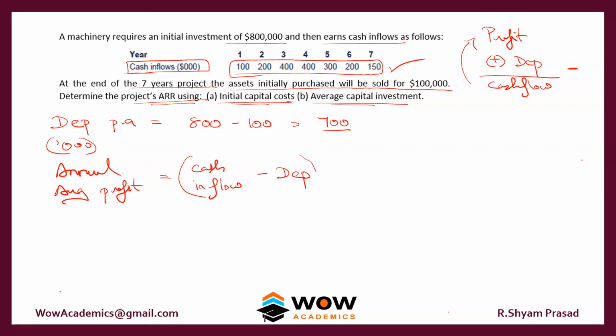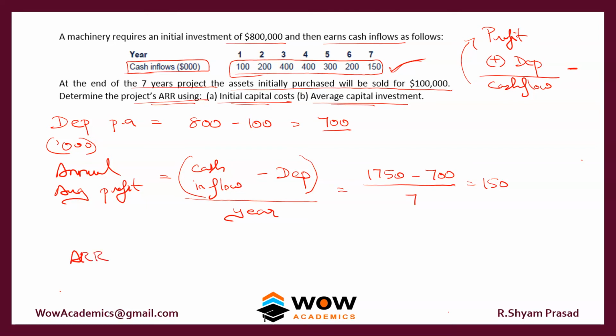Then, for the annual average, we put the years in the denominator. The total cash flows come to 1750, minus depreciation of 700, divided by 7. The answer comes to 150. That is the annual average profit.